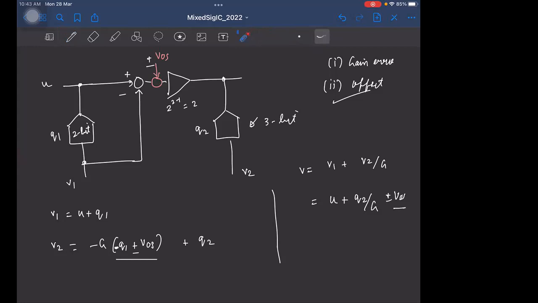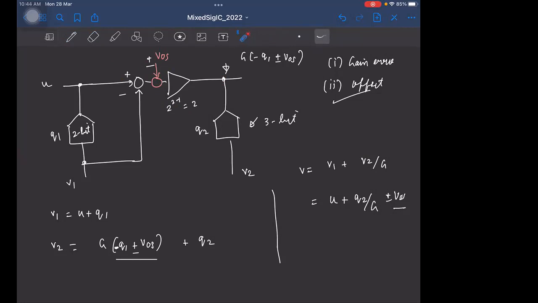So you find that if you have an offset in the first amplifier here, that directly adds to the input, because it's like you're adding the input to the offset directly. But one thing you should be careful about is the input to the second ADC here. That is minus G times, sorry, I made a mistake, G times minus Q1 plus or minus VOS. As usual, we want the input here to be within plus or minus VREF.